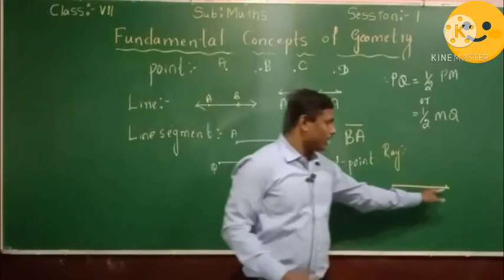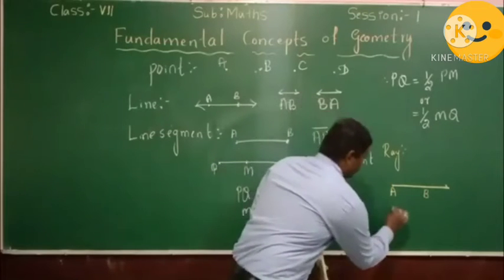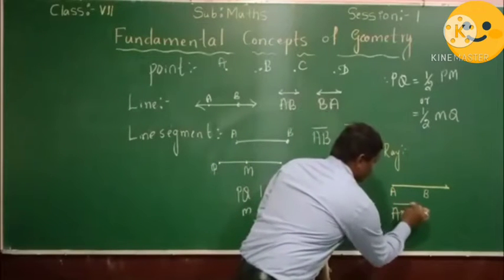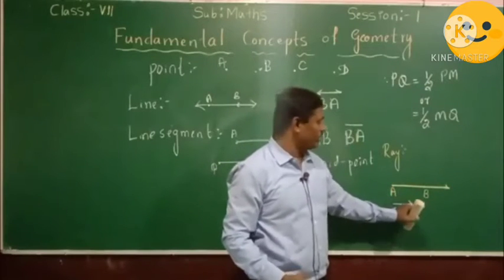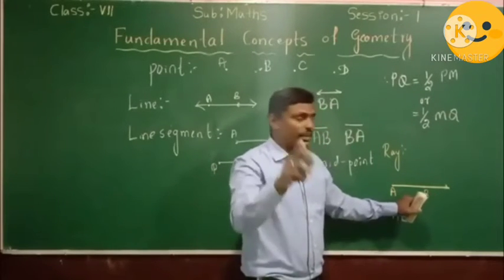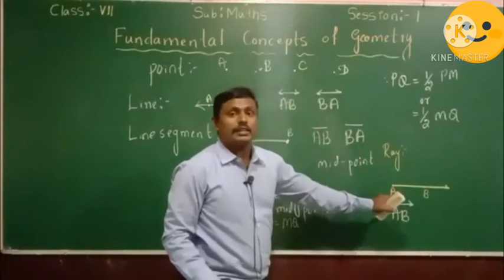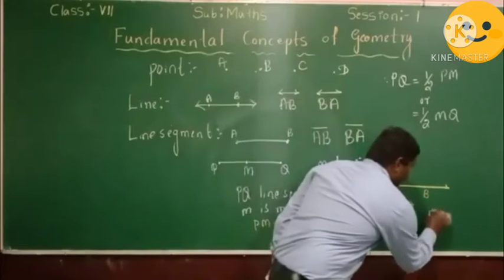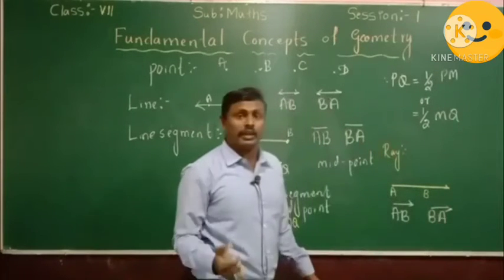So this is the direction of the ray, and it is denoted by AB with a single arrow mark. This is important: one single arrow mark indicates that AB is a ray. We cannot write BA as a ray. Why?